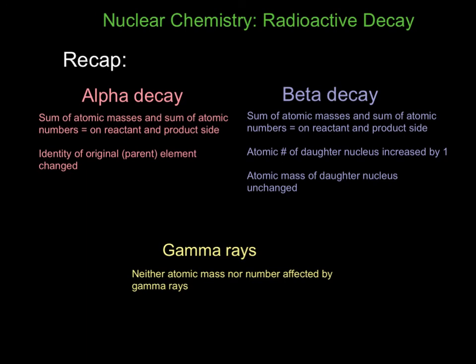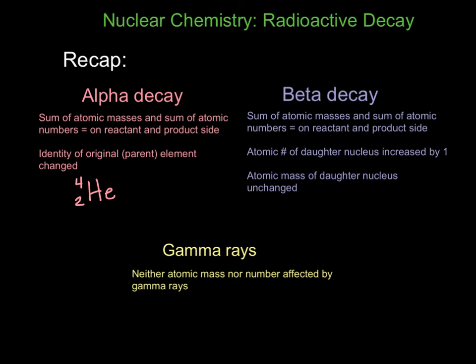And an alpha particle is a positively charged particle that is just the nucleus of a helium atom. For beta decay, the sum of the atomic masses and the sum of the atomic numbers are also going to be equal on the reactant and product side. But the atomic number of the daughter nucleus is going to be increased by 1, while the atomic mass of the daughter nucleus is going to remain unchanged.